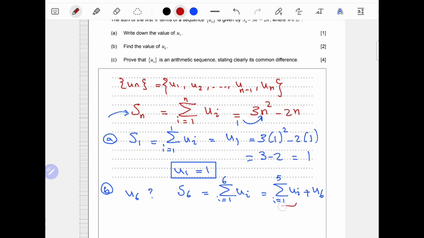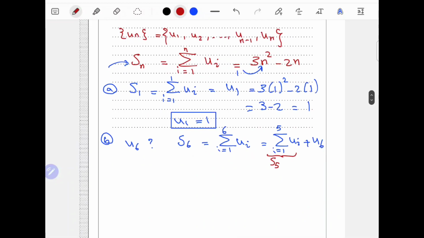And clearly this is simply S5. So I have now the following formula: S6 equal to S5 plus u6, which means that, rearranging the terms, u6 equal to S6 minus S5.